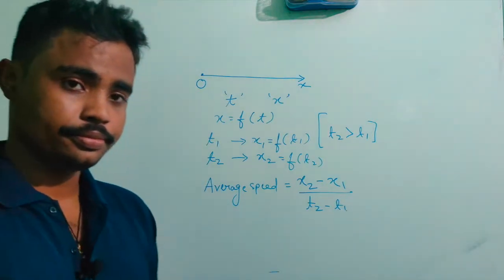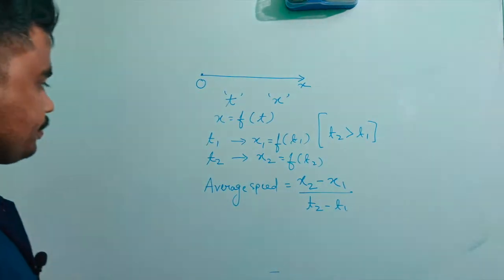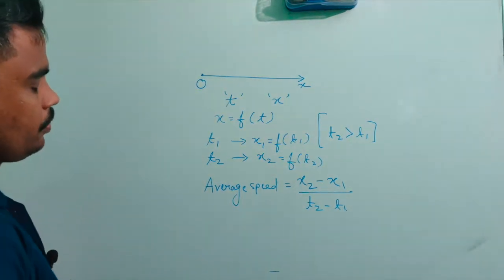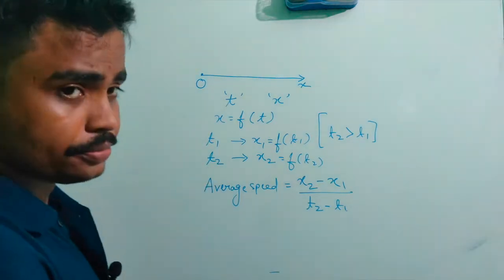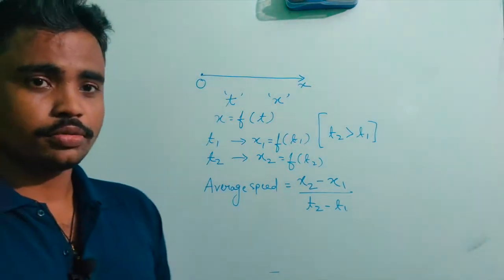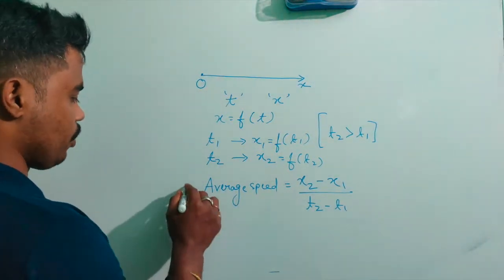Now if somebody asks you what is the speed of the particle exactly at time instant t1 or exactly at time instant t2, then we cannot use this average speed formula.